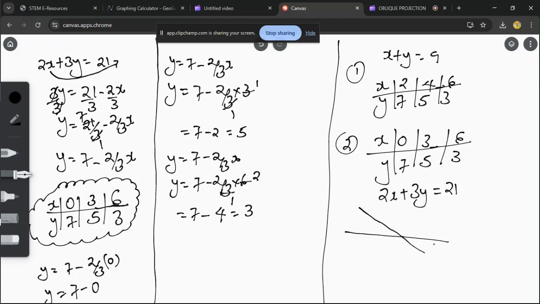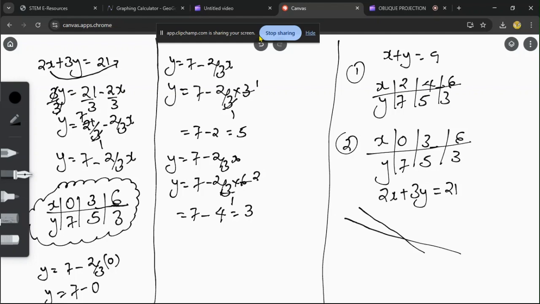You read the value of x. What is the value of x here? It is 6, on the x-axis. And maybe the other one, let me illustrate for us. Our lines look like this.